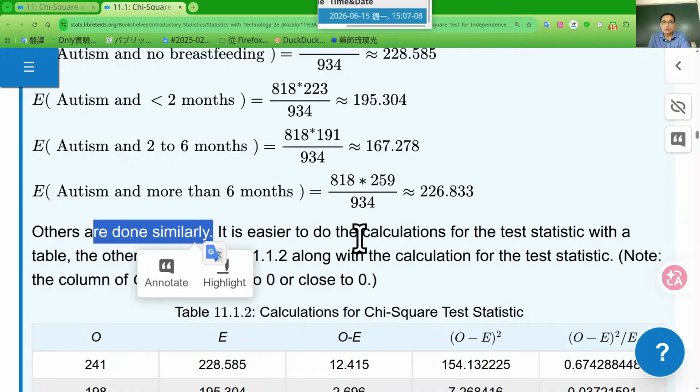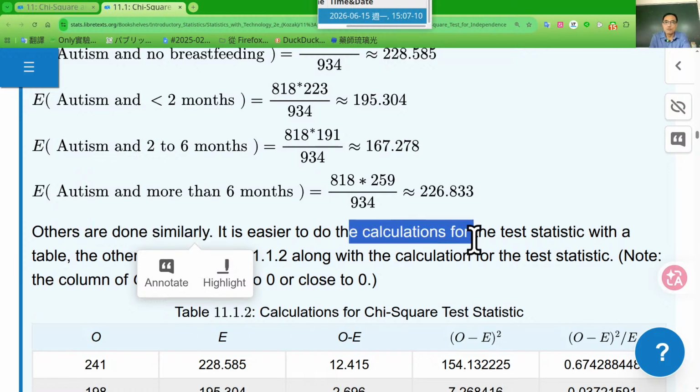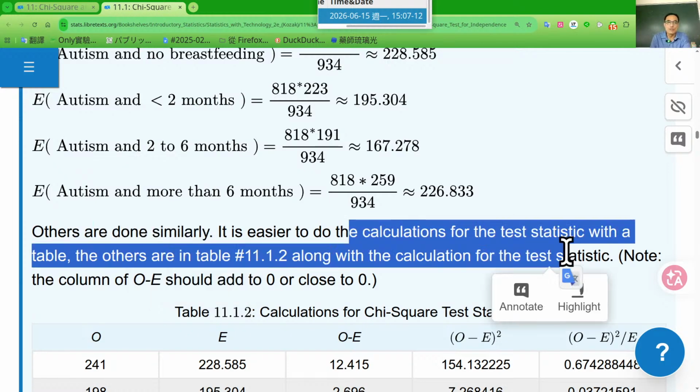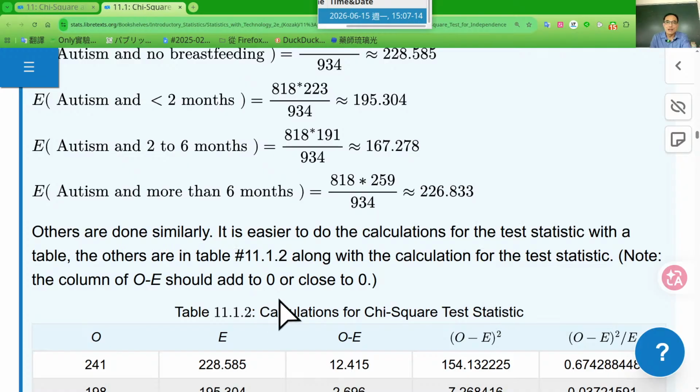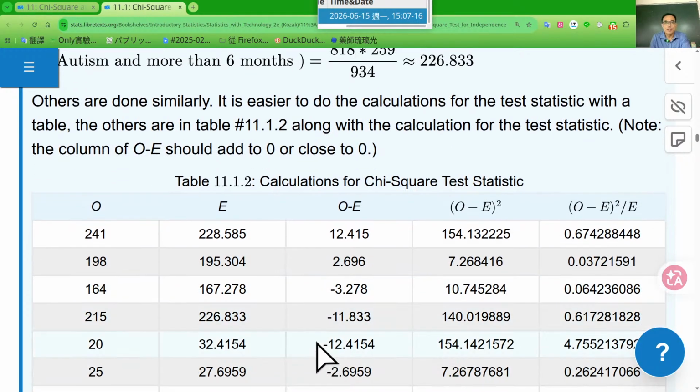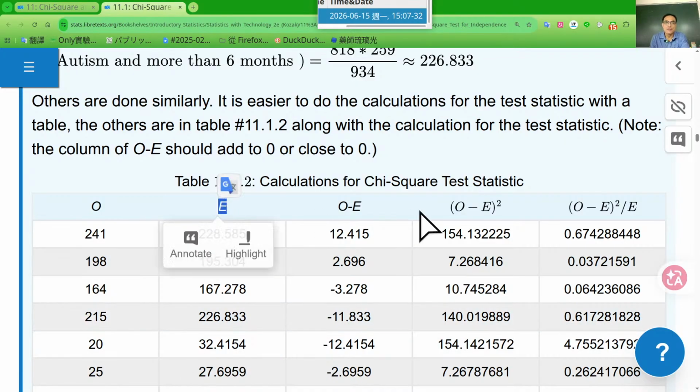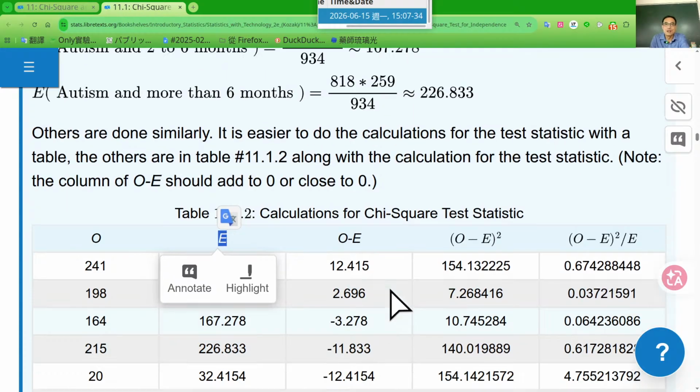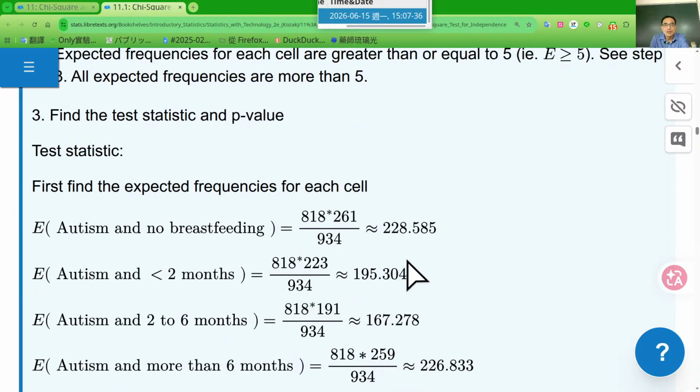It is easier to do the calculation for the test statistic with a table, and the other table we can check here. You can check the observed values 241, 198, 164, and 215, and the expected values of the calculation here.